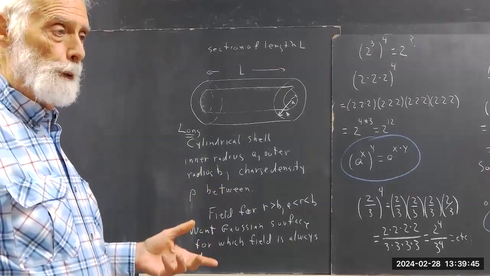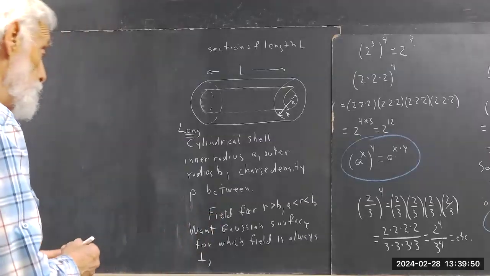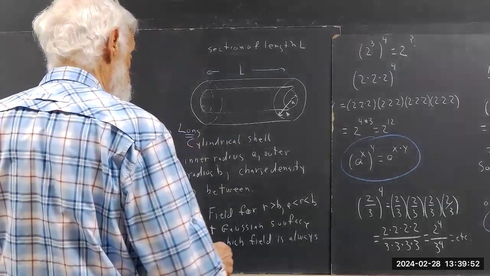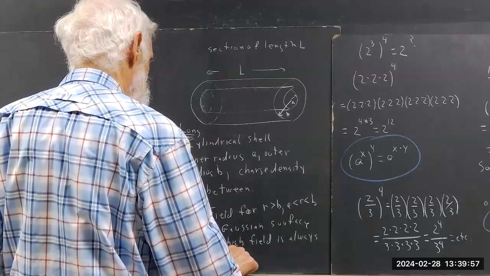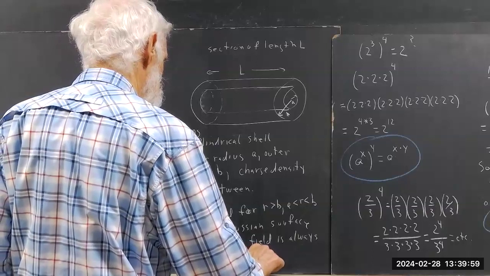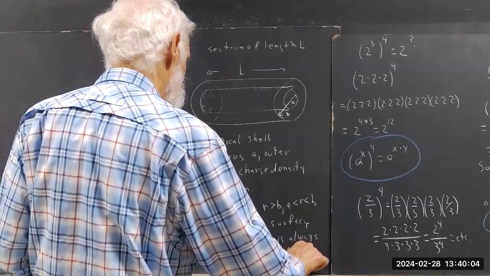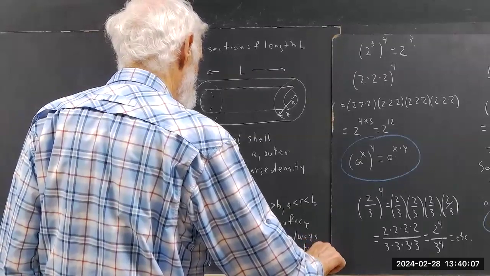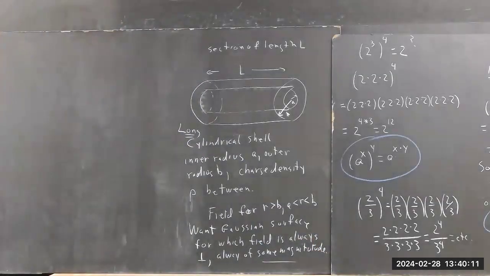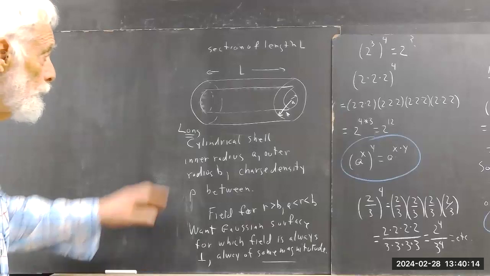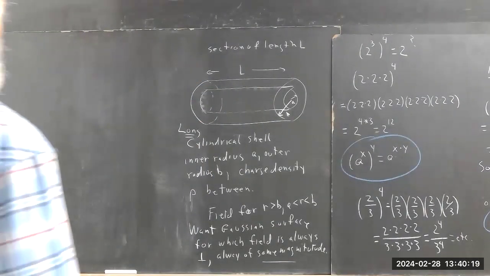Because the field is perpendicular, it's parallel to the normal vector, right? So the field's always perpendicular. And I could say always uniform, but I should be very specific: always of the same magnitude. So what kind of surface would that be? And I'll also mention these are coaxial cylinders.